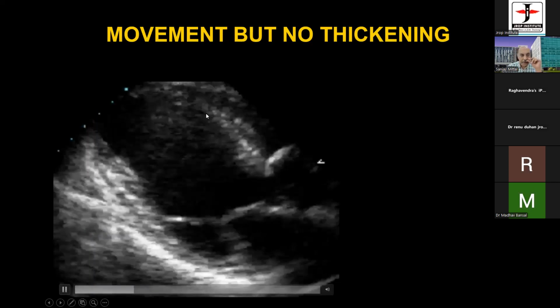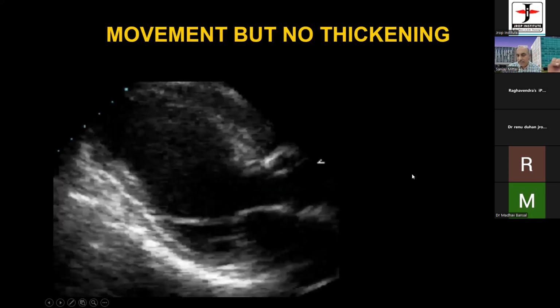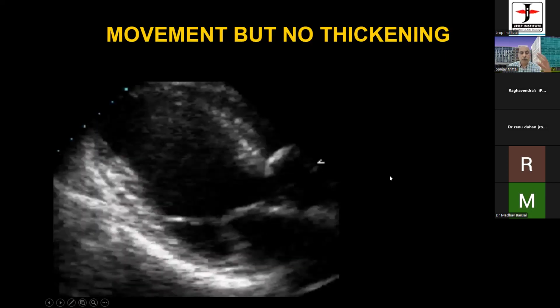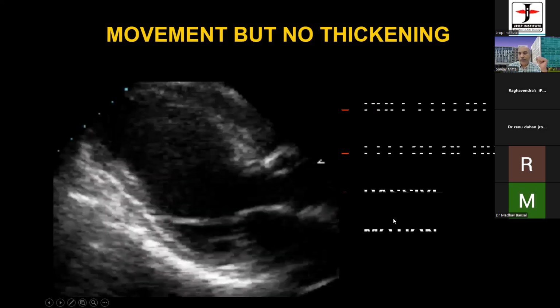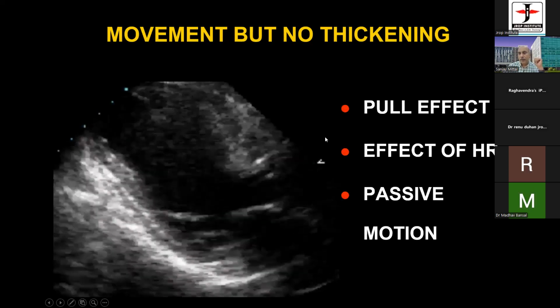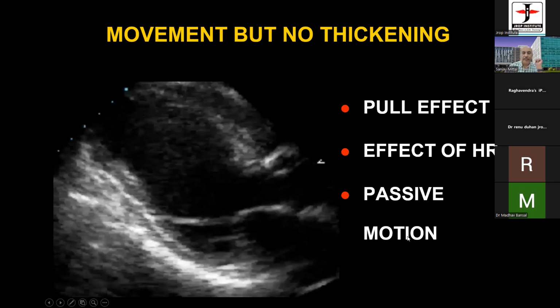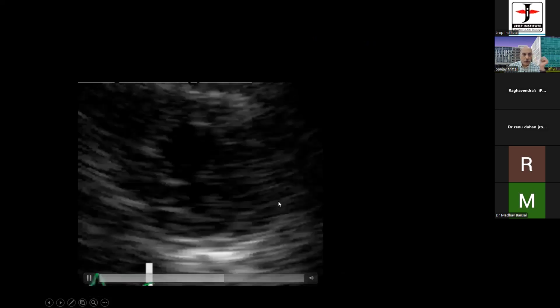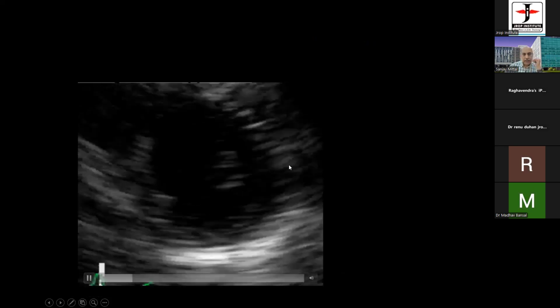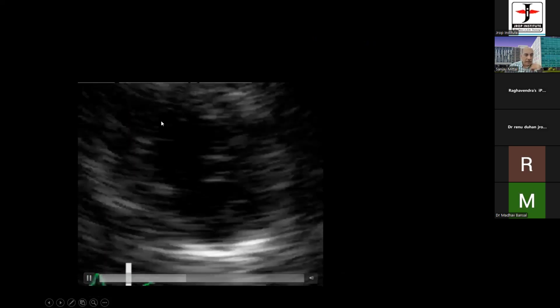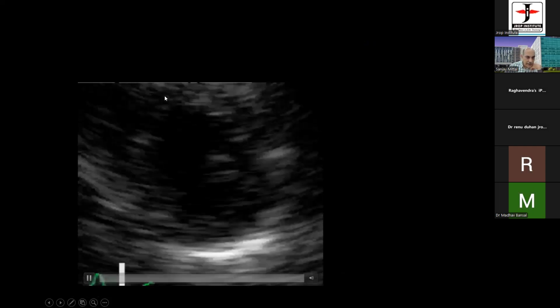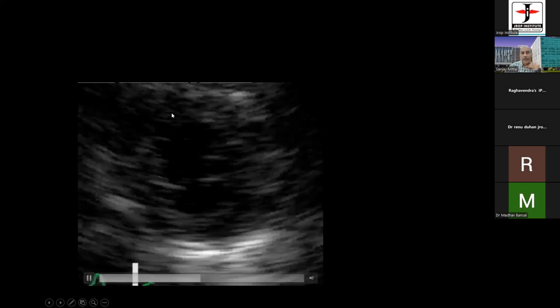So this area which is not thickening is less likely to be viable as compared to if it was showing some element of thickening. And this can very well happen when there is a hypercontractile segment, whether it is increased heart rate or with passive motion. On the contrary, left bundle branch block is a very common thing where you can have spurious septum to be ranked as hypokinetic.